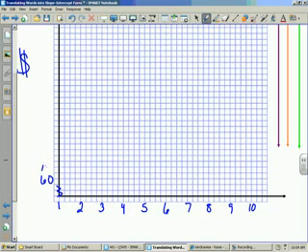So if this is 60, this would be 100, 140, 180, 210, 250, 290, 180 plus 40.